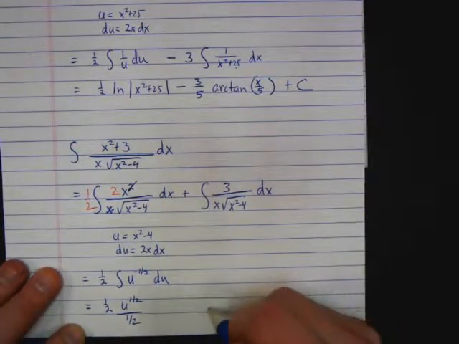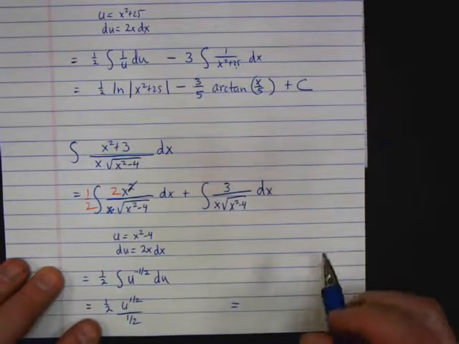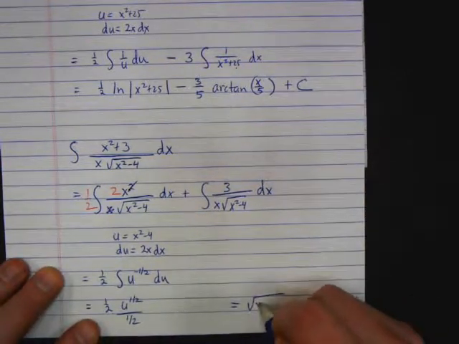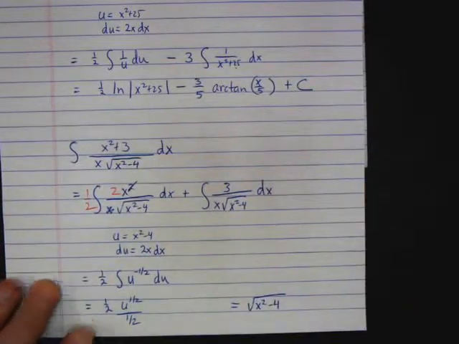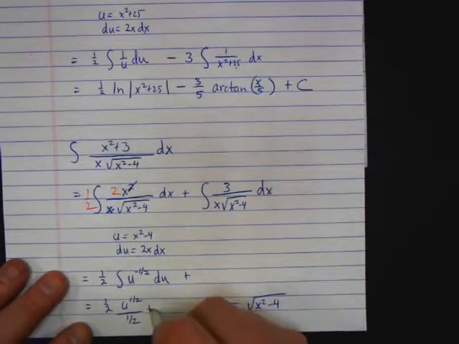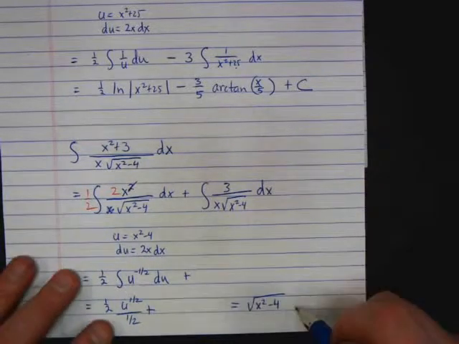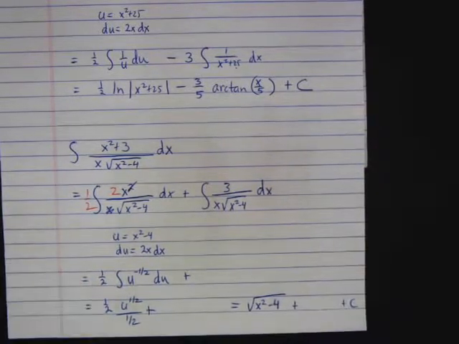So in a final answer, when we get all done, we're going to have the square root of x squared minus 4 for the first integral. And then I've got to fill in plus the second one, plus c at the end.